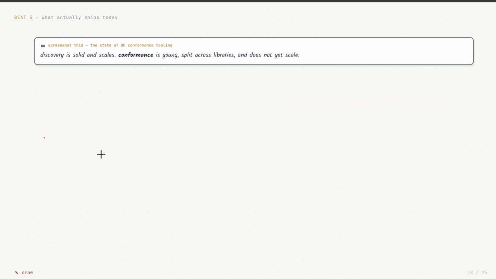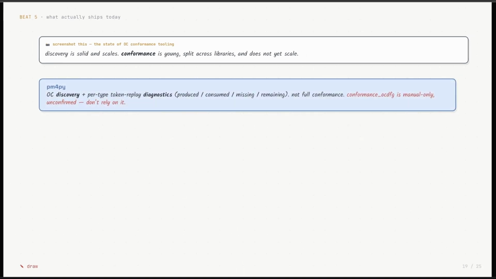So here, let's look at what's shipping today. So we do not need to look for functions that are not there. So PM4Py gives you an object-centric discovery plus per type token replay, like produced, consumed, missing, remaining. So it's not full conformance.